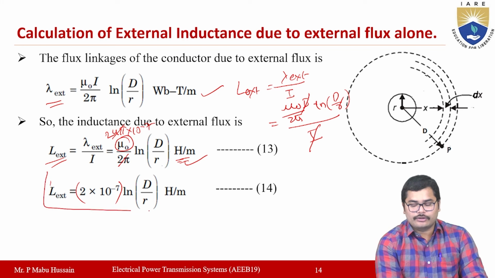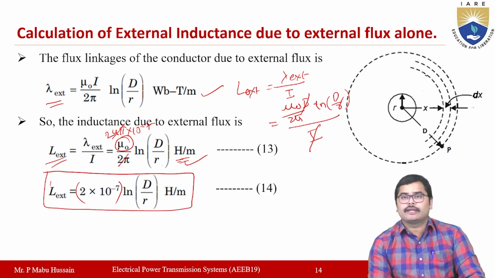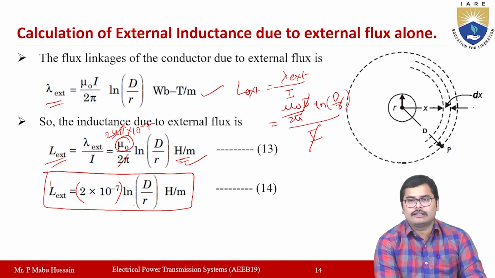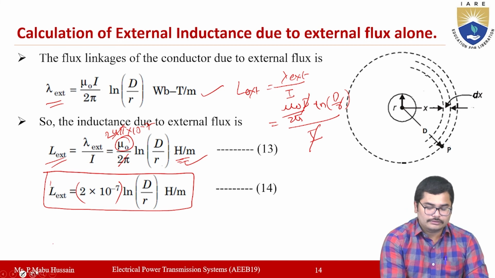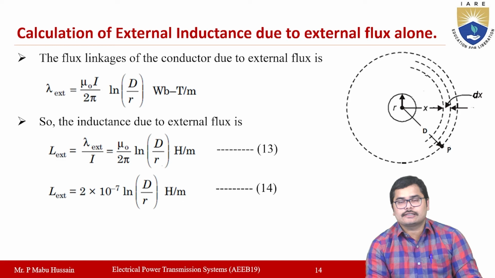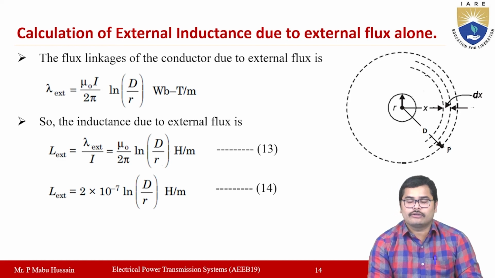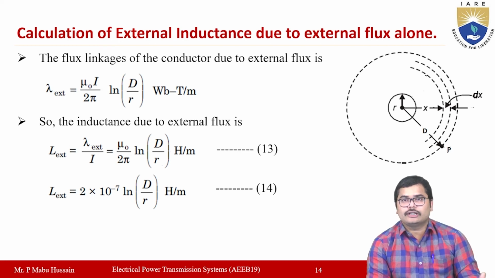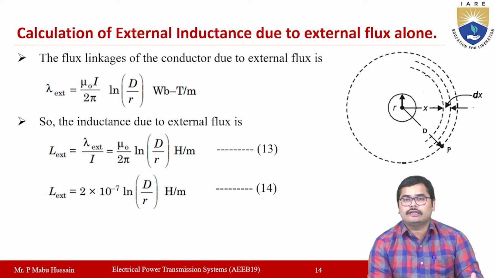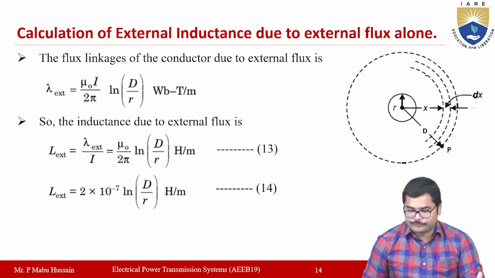So this is the external inductance: 2 into 10 to the power of minus 7 ln d by r. So you calculated flux linkages internal to the conductor, then the inductance due to internal flux, and after that the total flux linkages outside the conductor and the inductance also.